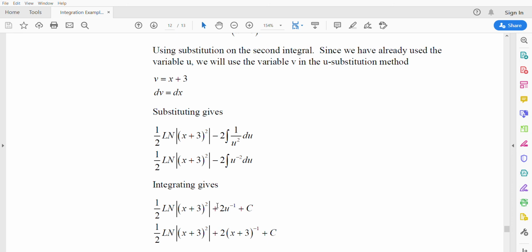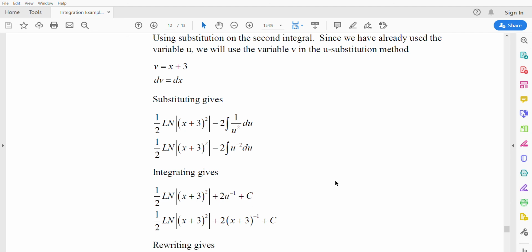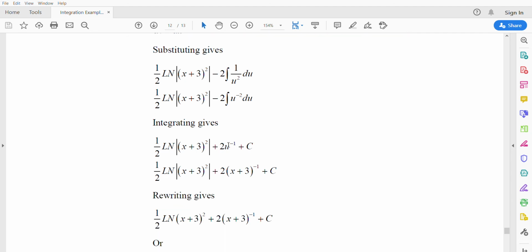So negative divided by negative makes that a plus 2 times v to the negative 1 plus a constant. Lastly, replacing our v with x plus 3. So I have 1/2 times the natural log of the absolute value of x plus 3 squared plus 2 times x plus 3 to the negative 1 plus c.